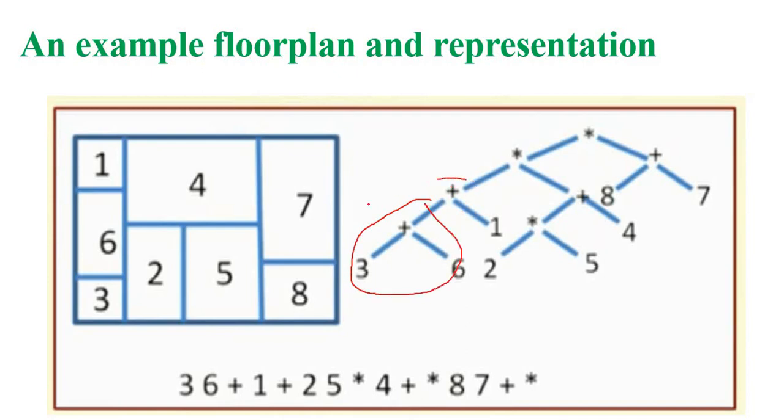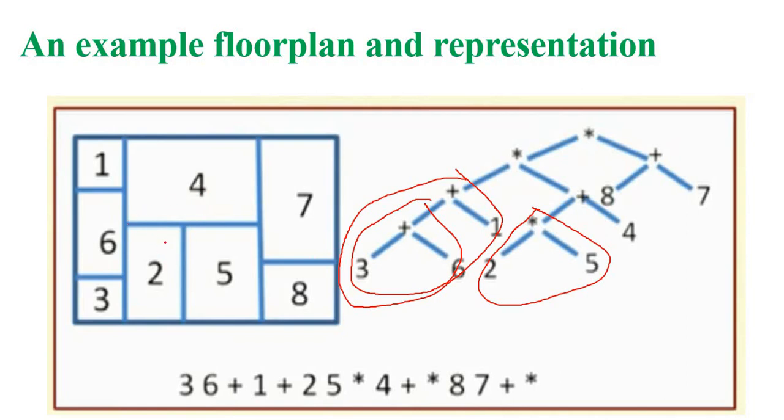After that, this is the whole combination. This is over, and next are 2 and 5. 2 and 5 are in the vertical combination, and this is the horizontal one.